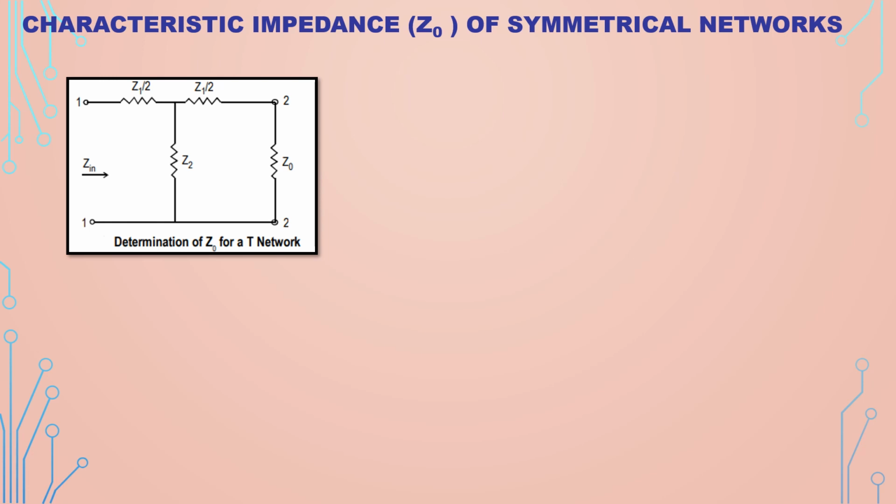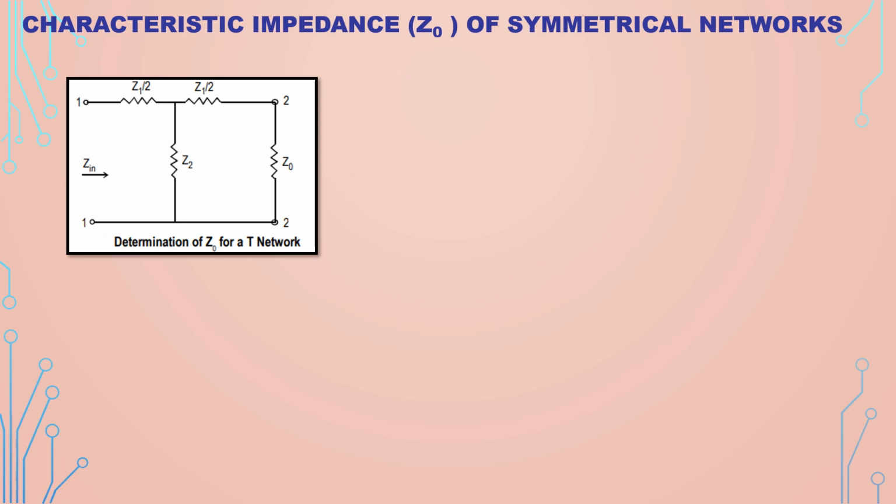The next topic we are going to see is called a symmetrical network. What is the necessity for studying a symmetrical network? Any transmission line can be made up of a number of small sections, where each section is called a symmetrical network. What is meant by a symmetrical network? Look at this network.